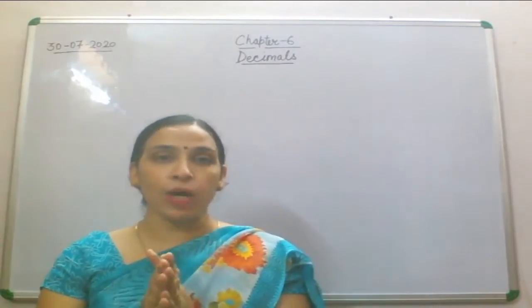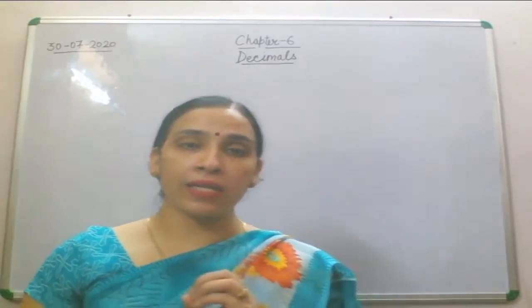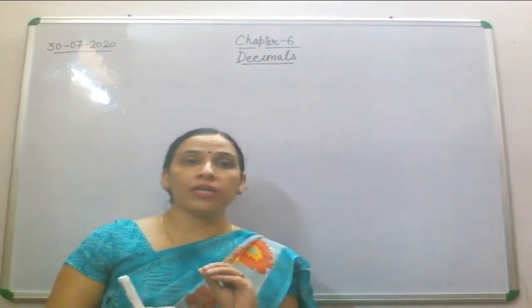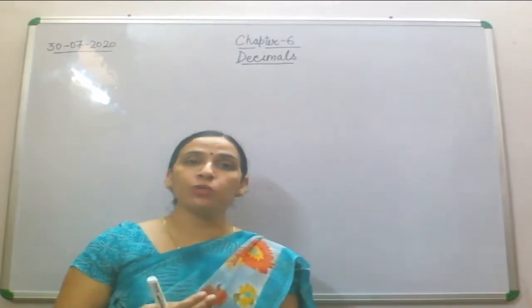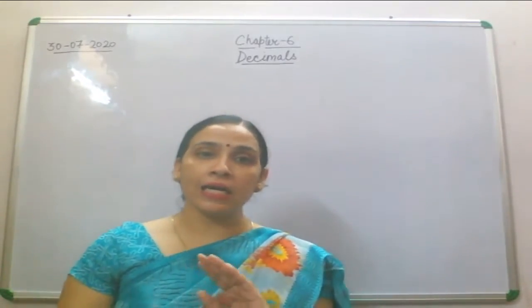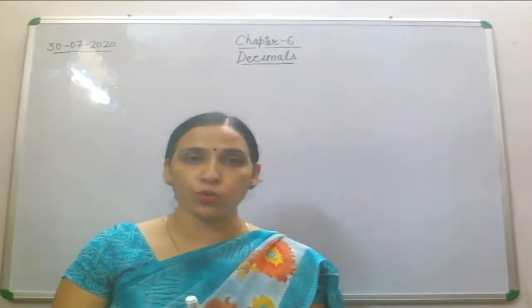So let's find out what a decimal is. Children, as you are aware, we have studied common fractions. If we represent a decimal in fraction form, that is again a representation of some common fraction only.